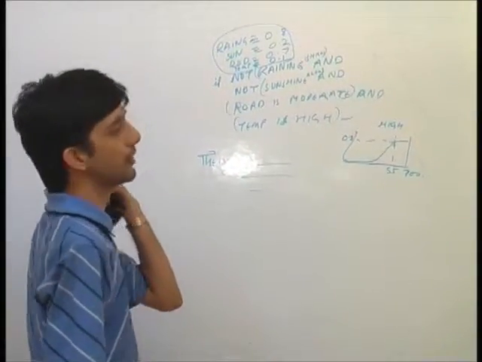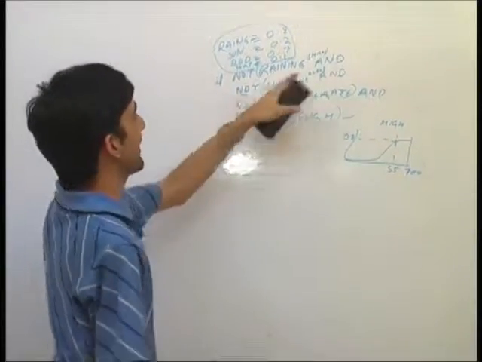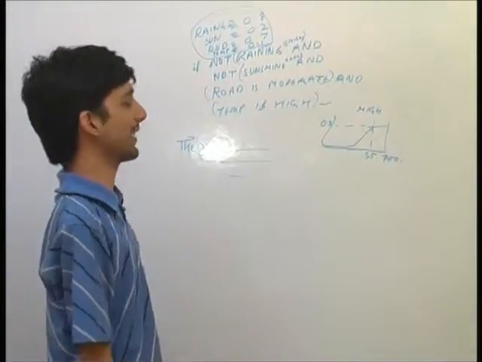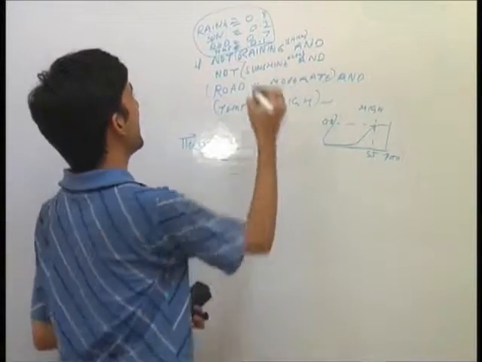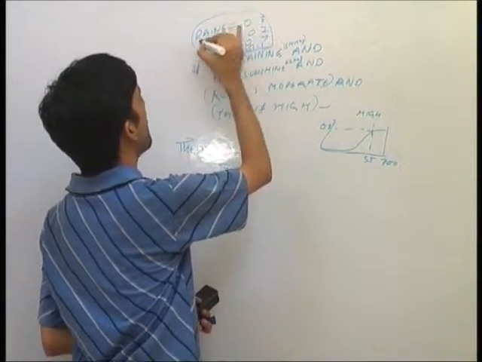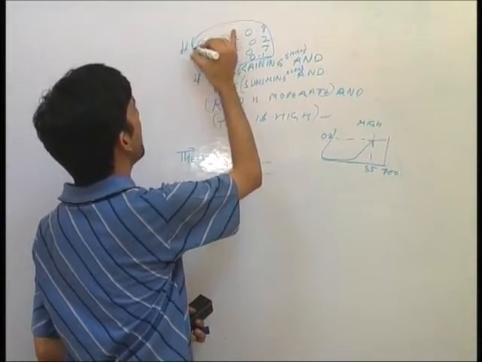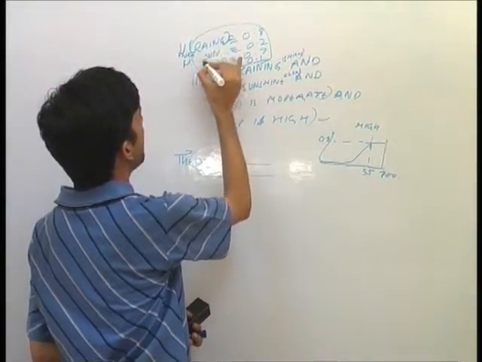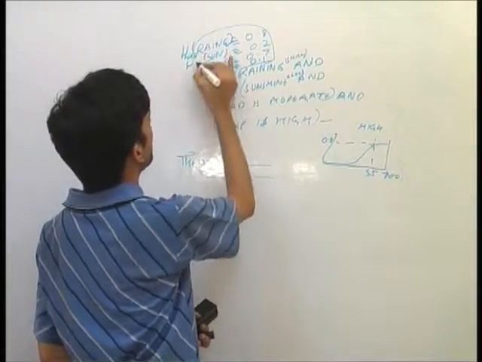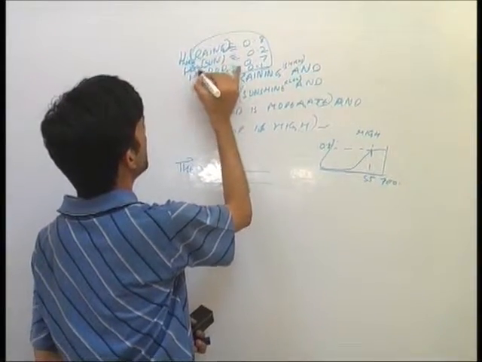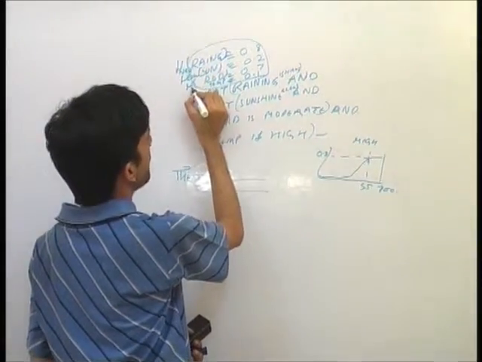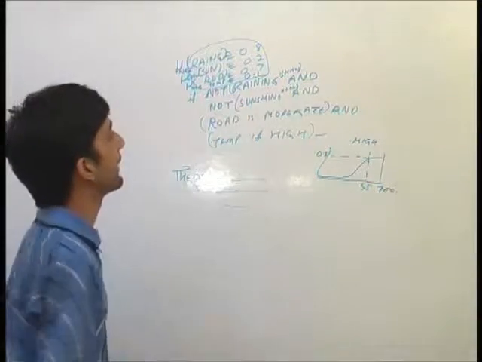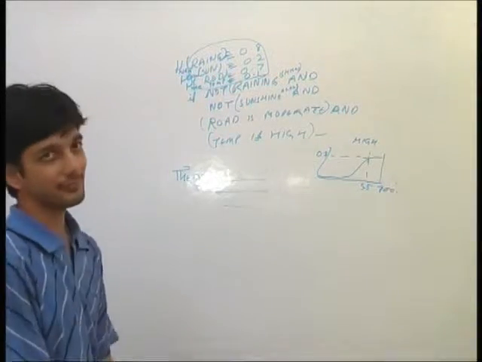So the first thing that I've already done is take out the membership value of rain for the membership function high, the membership value of sunshine for the membership function low, the membership value of road for the membership function moderate, and so on.